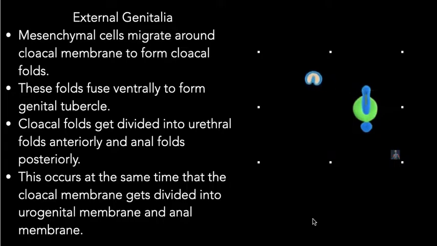The penis will elongate. This is the sagittal section of the penis at various stages. You can see the urethral plate covered by the ectoderm.